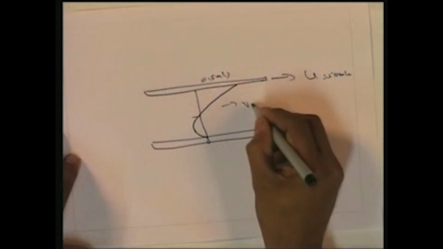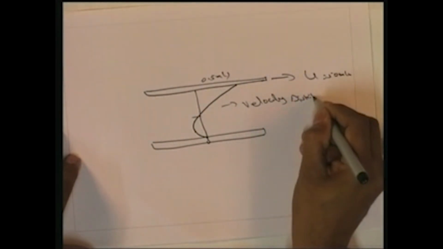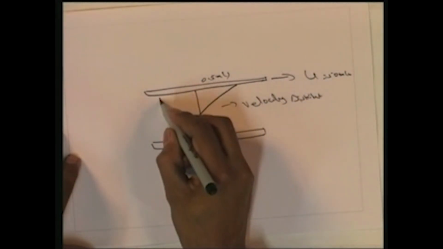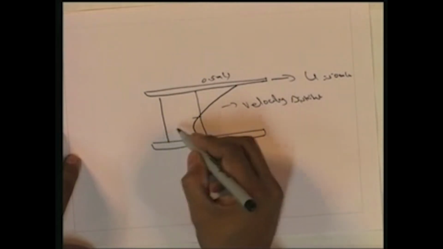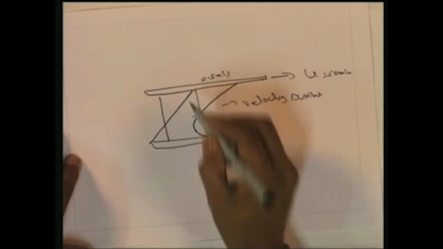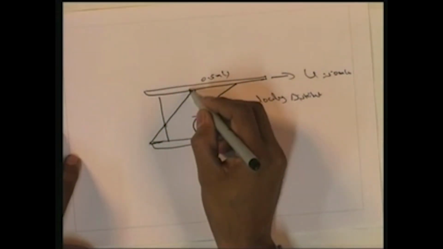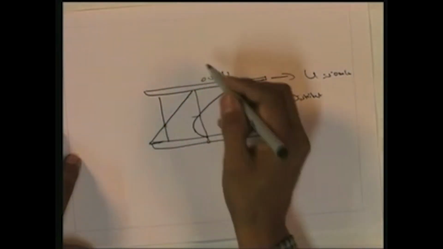Similarly, this is the velocity distribution in this particular case, and if you plot the shear stress, you can see it varies; at some point it will be 0, and here we have a value, and on the upper plate also we have a value. So it will vary like this.